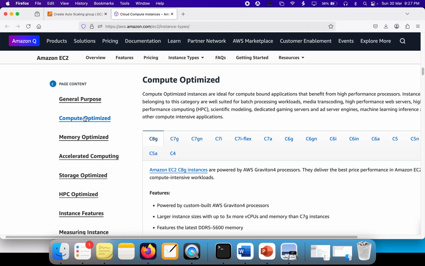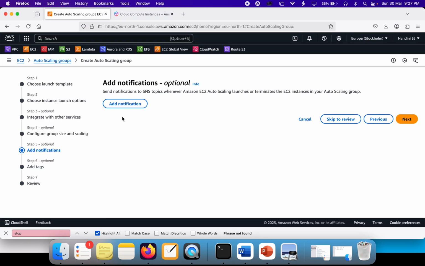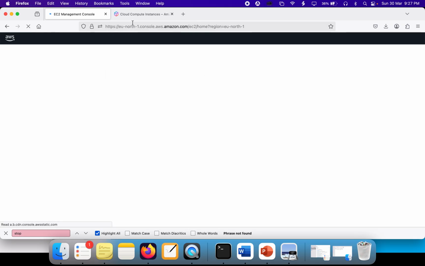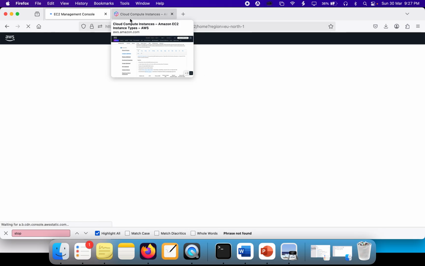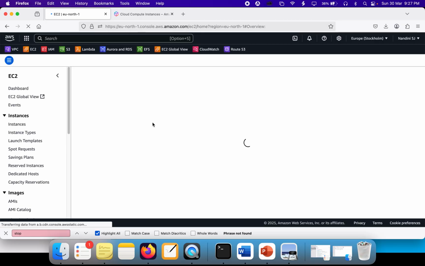This is the compute optimized. So what do you mean by compute optimized? Let's see what compute optimized is. Let's go to EC2 and see the EC2 instance in detail. Okay, it's taking a while.